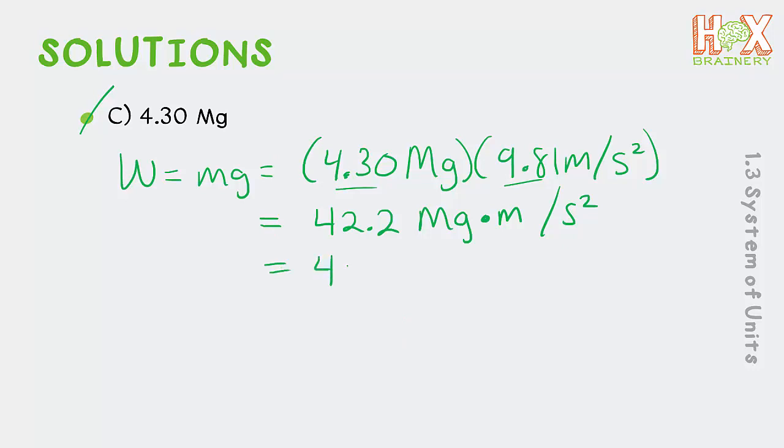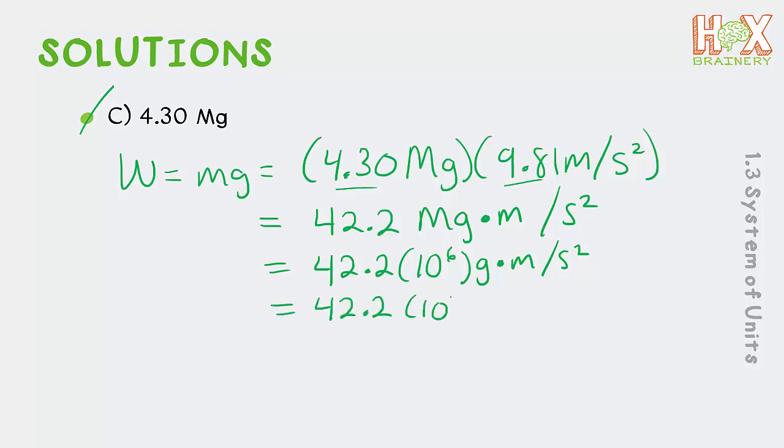I'm going to rewrite this again. So I have 42.2. Mega is 10 to the 6th power. And then I'm going to rewrite that 10 to the 6th power as 10 cubed times 10 cubed.